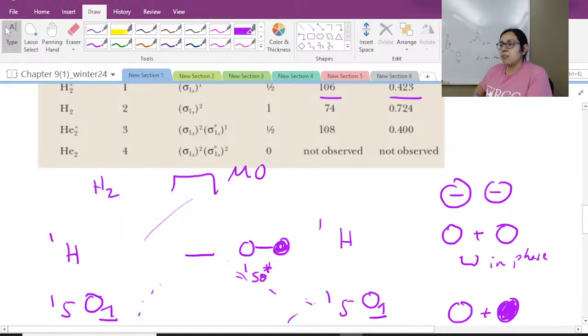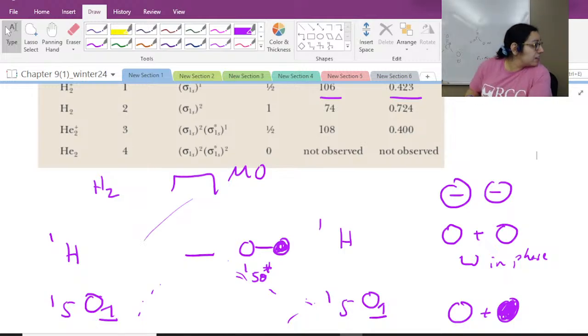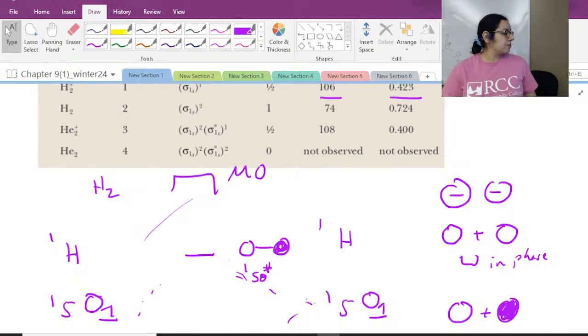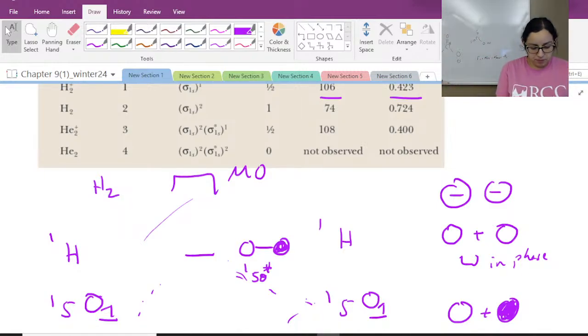Emily, you want to go for it? You look excited. Should I go on that side? Yeah, or wherever. You can find some space. All right. So there's one helium.